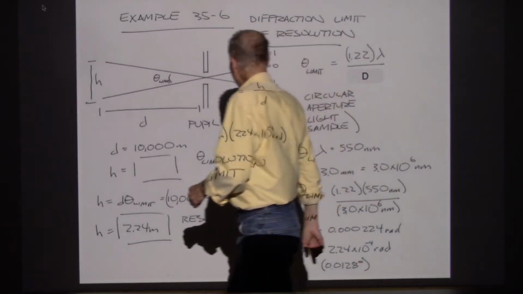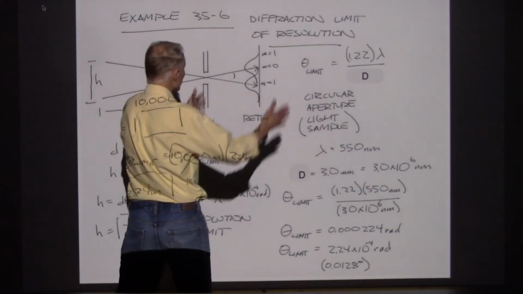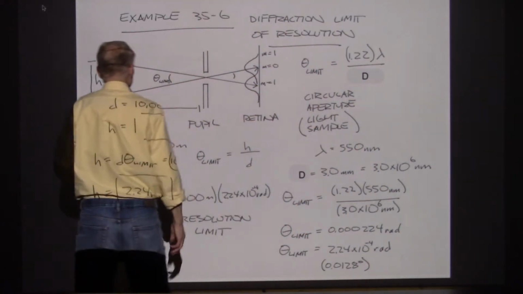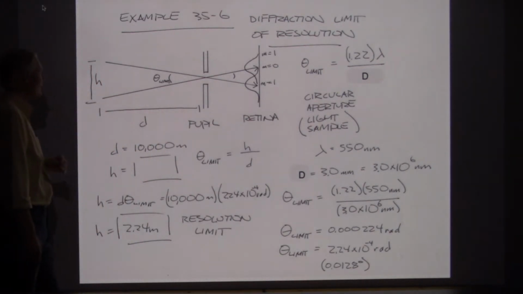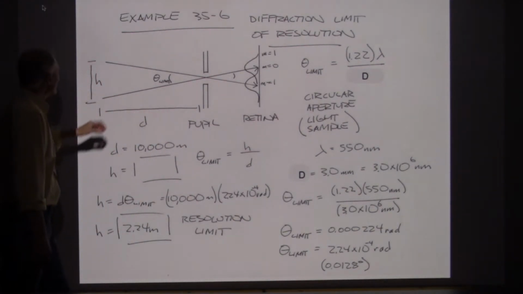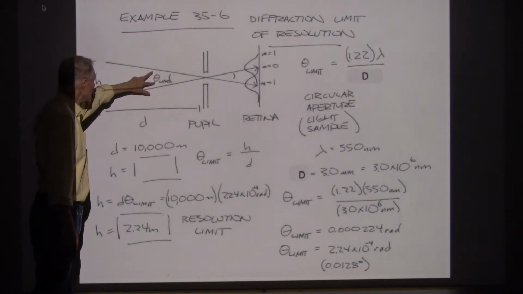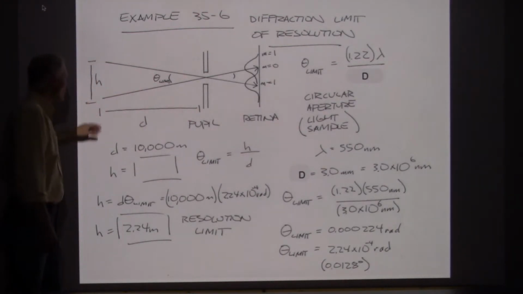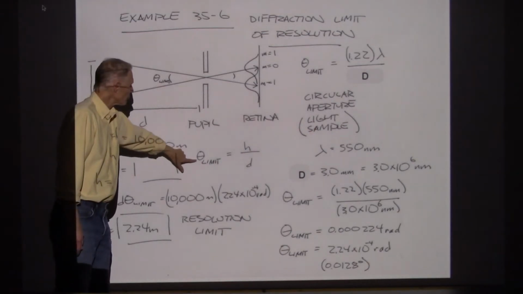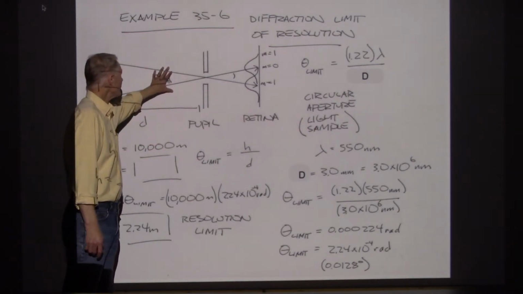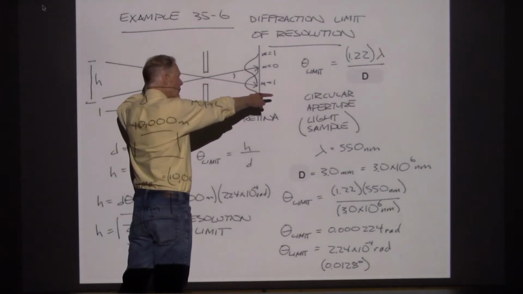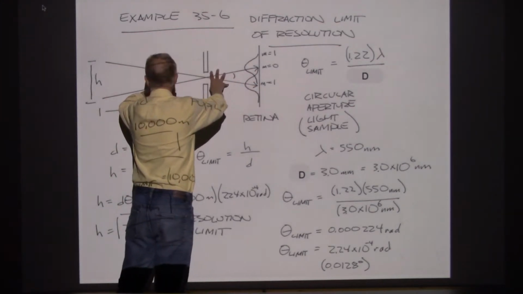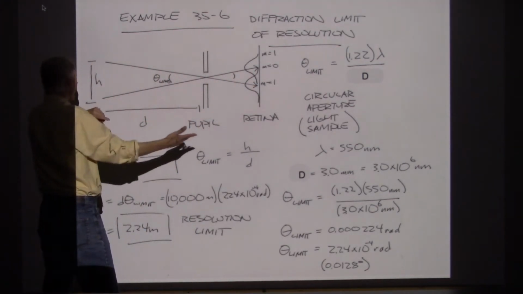Let's see what that is. So this is one of those slides where I did the stuff on the right first, and I'm coming back over to the space that I left. Here is the limit of resolution, and we are 10,000 meters out. So we've solved for this angle looking at the pupil size and the wavelength.